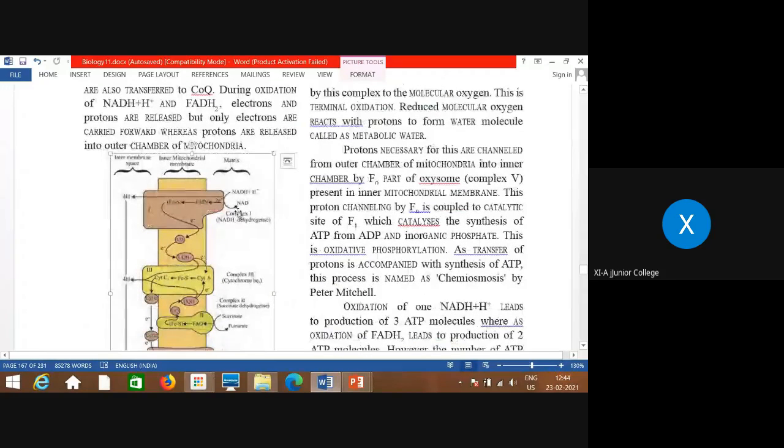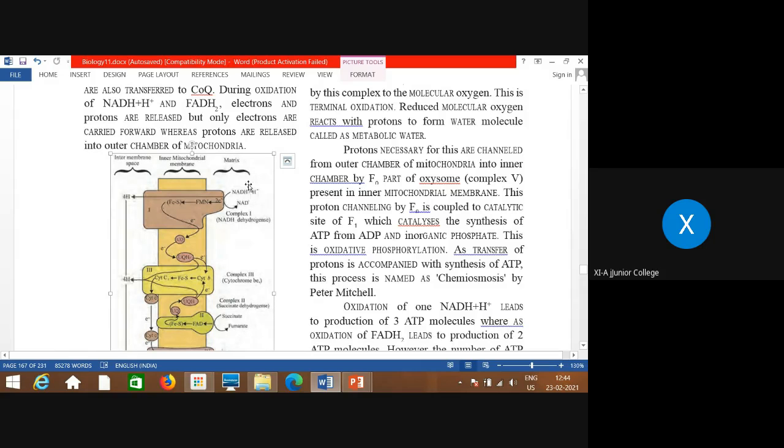NAD is produced, and the electrons are then passed first to FMN, flavin mononucleotide. Then FeS, these are iron-containing electron carriers and coenzymes present in the mitochondrial matrix.